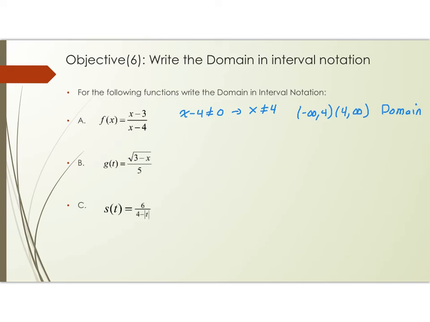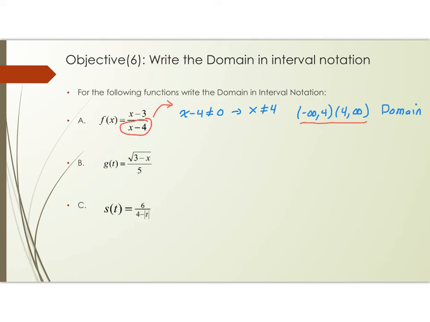In rational functions, we will be looking at the denominators primarily. So you can see here that for a denominator, x minus 4 cannot equal 0, so x cannot equal 4. And so that means our domain is broken up into two pieces: negative infinity comma 4 and 4 comma infinity.